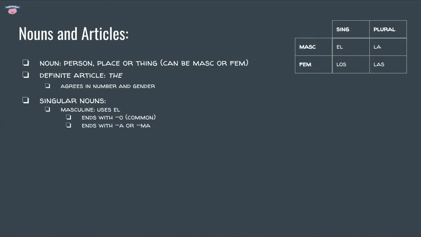Some also end with a or ma, and an example of this is el drama, which is the drama. And there are others too, like I said, el hombre, and that ends with an E.